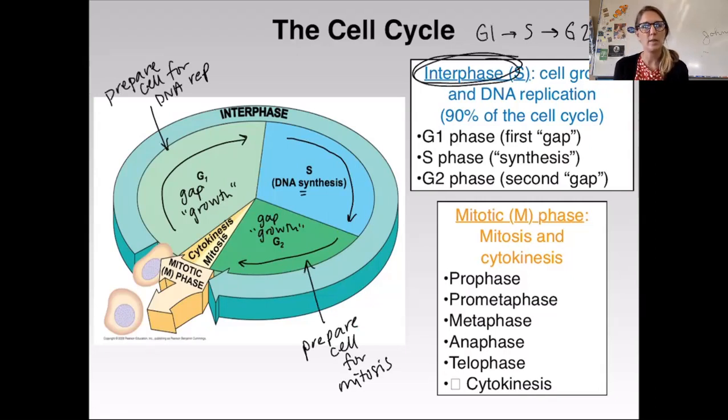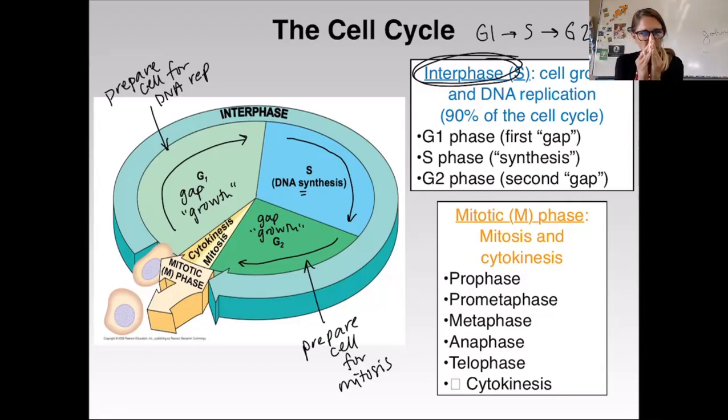Interphase. This is where the cell grows and the DNA gets replicated and the cell gets ready for mitosis. 90% of a cell's life is in interphase, all right? Mitosis gets all the business because it's all jazzy and awesome, but really 90% of a cell's life is in interphase, right?